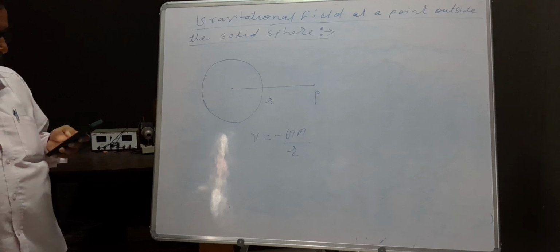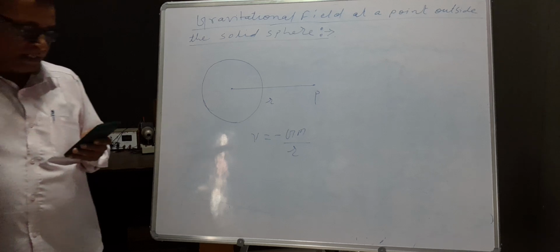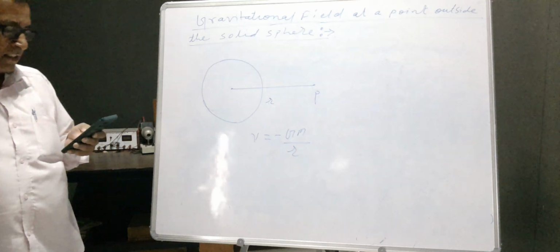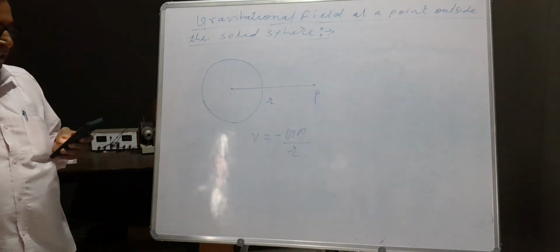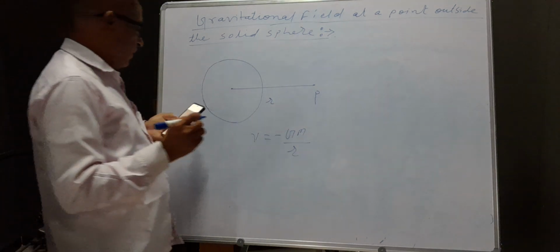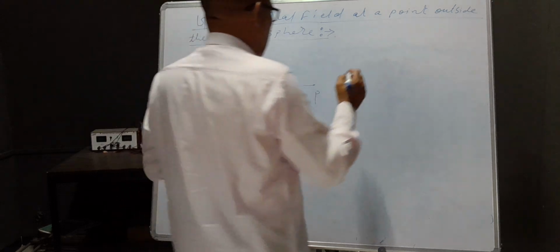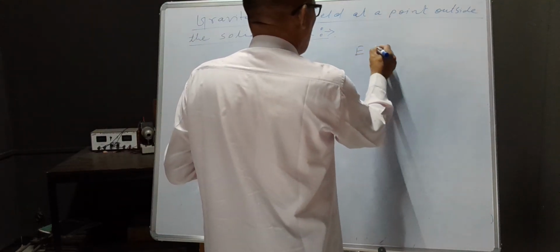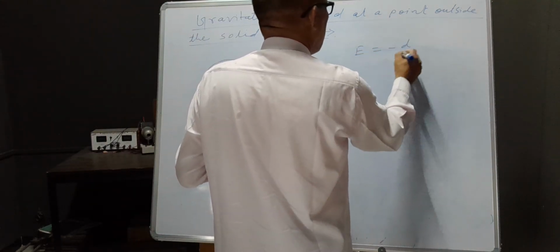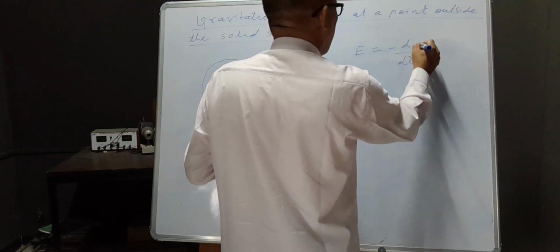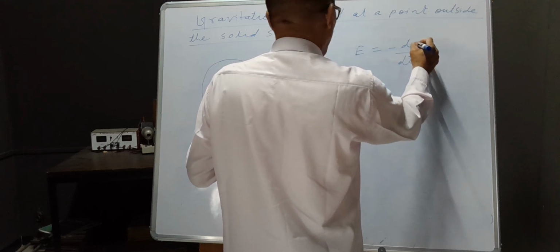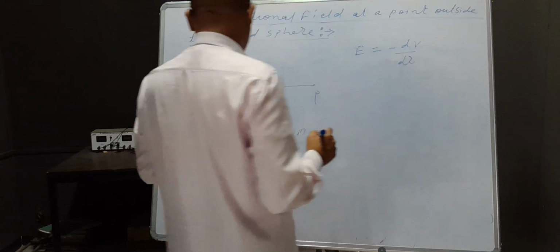Therefore, the gravitational field due to a solid sphere at a point at distance r from its center is given by E equals minus dV by dr.